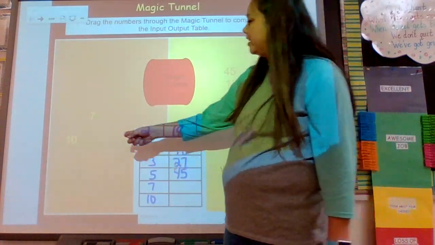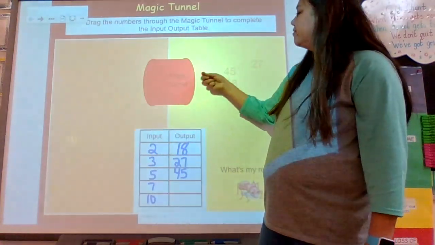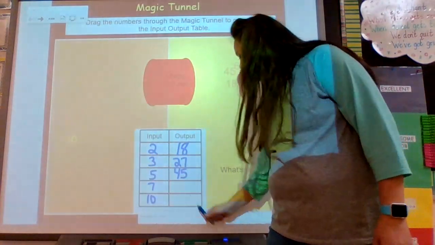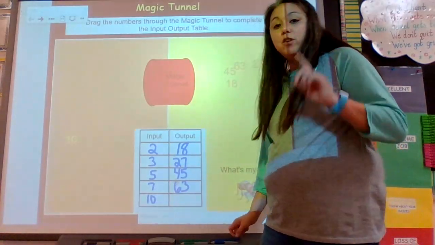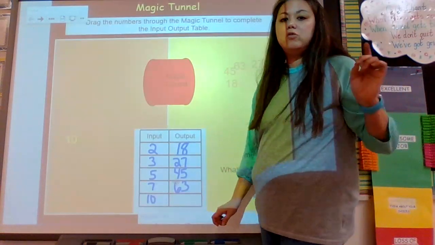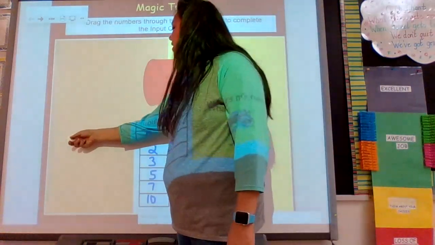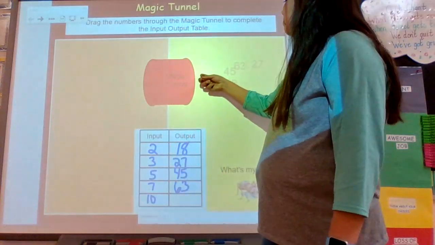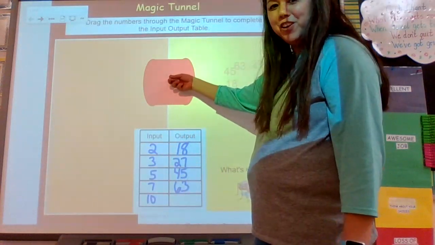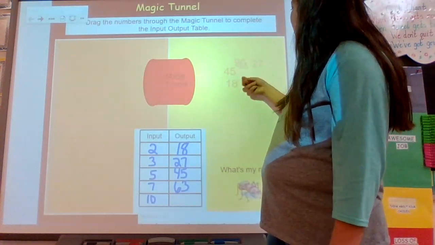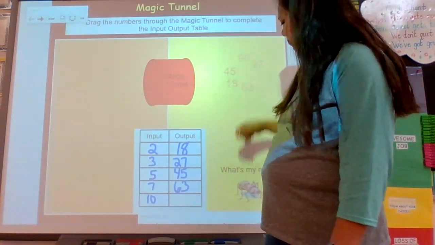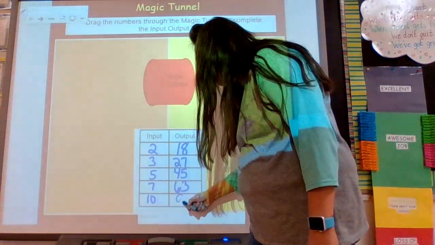Are we adding? If 7 goes in, 63 comes out. I can tell you are probably screaming at the machine because you know what's coming in next. If 10 goes in, without looking, do you know? 90 comes out, and there it is. Some of you got that.